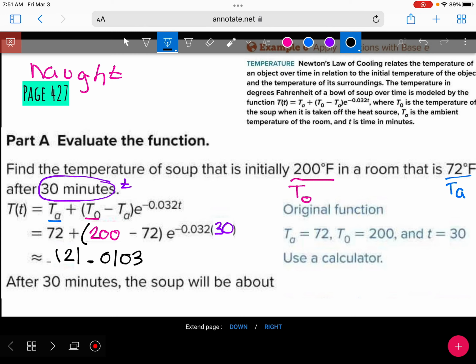Realistically, about what temperature is the soup going to be? Are we going to say 121.0103 degrees? No. What are we going to say? How would I say this in real life?